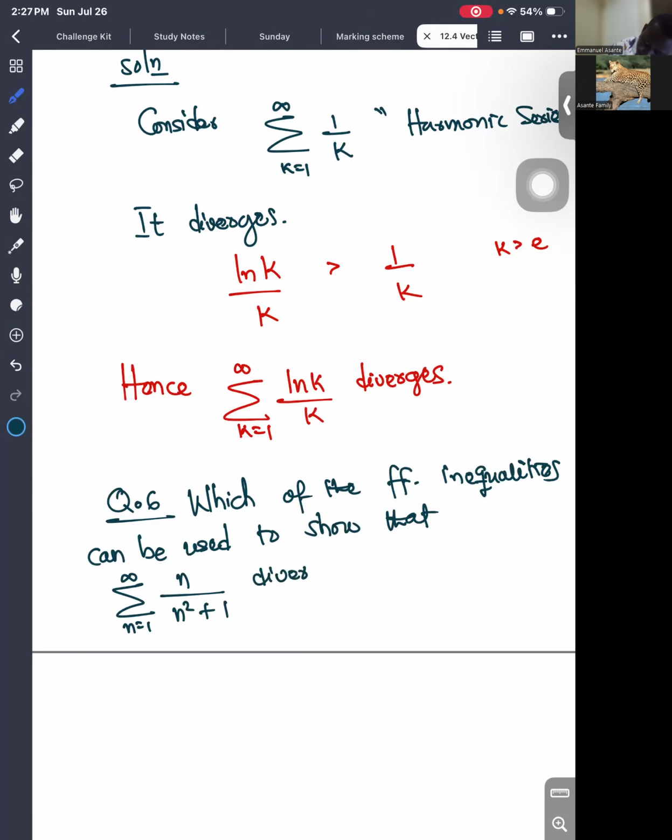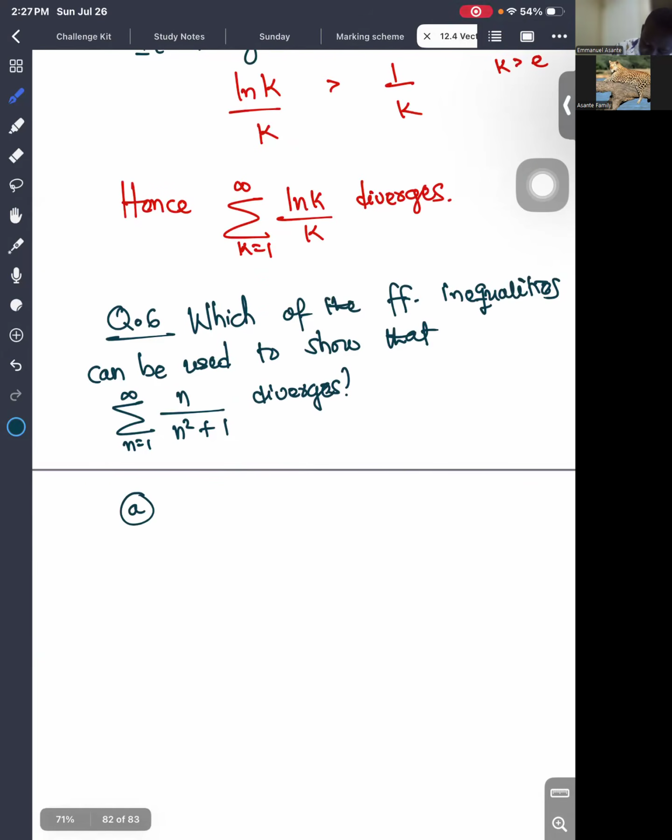So we already told you that this series diverges. But now we are giving you some inequalities, and we are asking, if we are to show that the series diverges, which of these inequalities will be helpful?